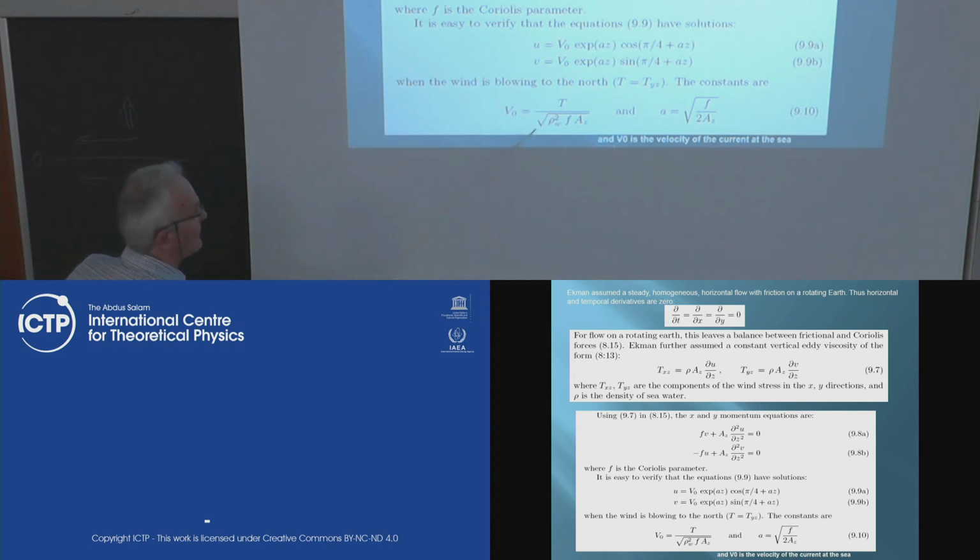And here we can see that V naught is associated with the wind stress, and here is the constant. This constant alpha is obtained as a function of f and 2AZ.